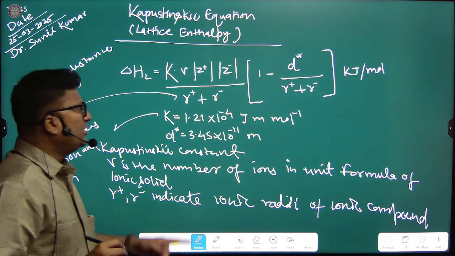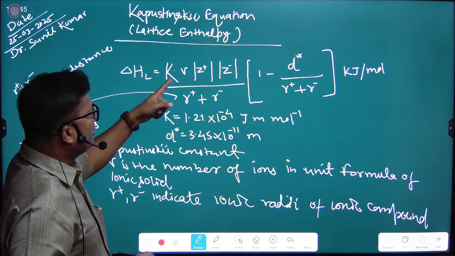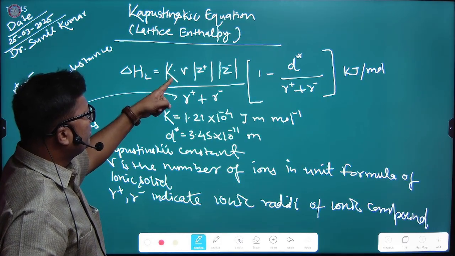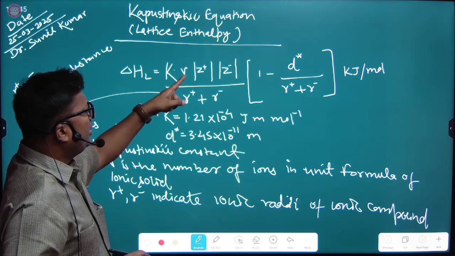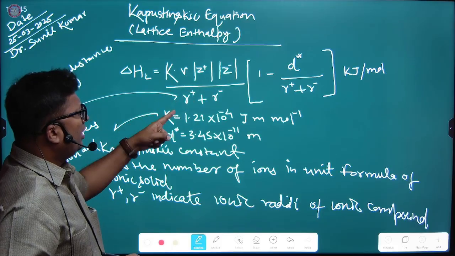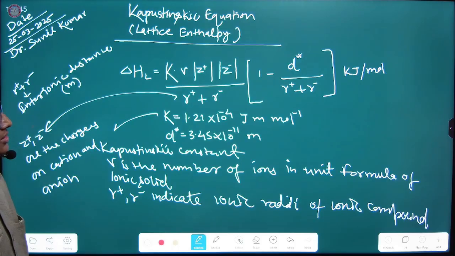So in this way, this Kapustinskii equation depends on the number of ions in a formula unit, the charges of the cation and anion, and the interionic distance, R+ + R-, in ionic compounds.